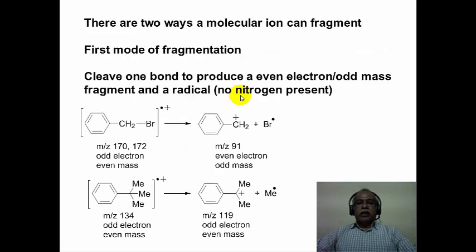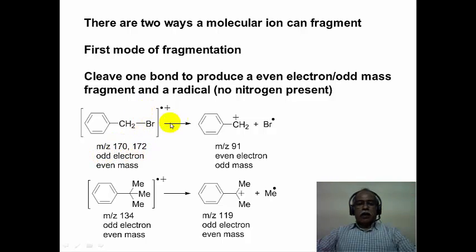There are two ways a molecular ion can fragment. The first mode is cleavage of a single bond to produce an even electron, odd mass fragment and a radical. This is illustrated in this example. If we take benzyl bromide as an example, the radical cation of benzyl bromide will have two molecular ions because of the bromine, 170 and 172.